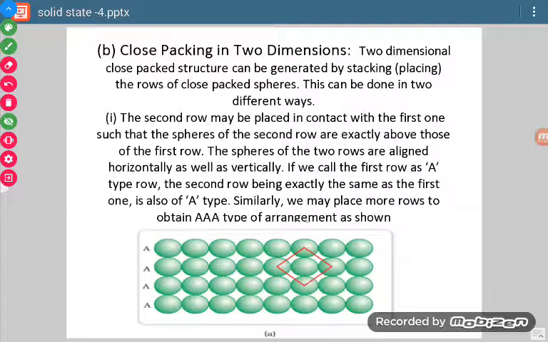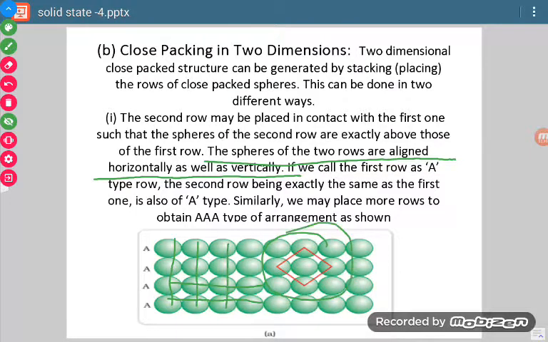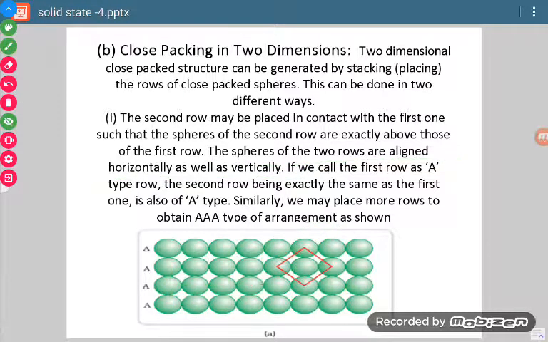The spheres of two rows are aligned horizontally as well as vertically. So in this way a given sphere will be in touch with four other spheres. So the coordination number value will be 4.